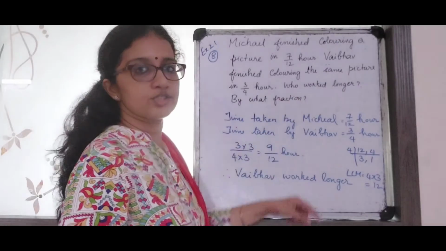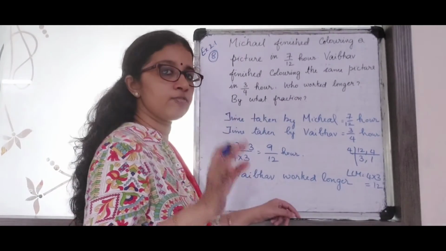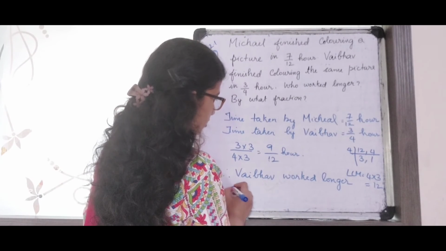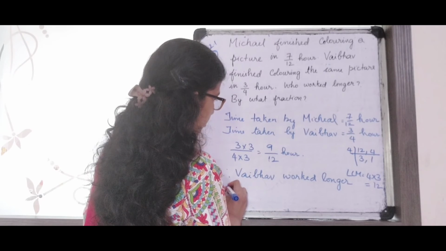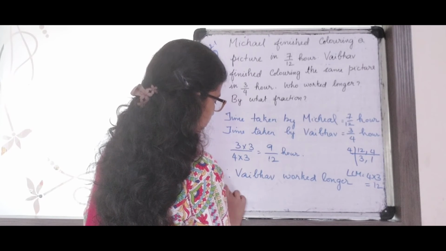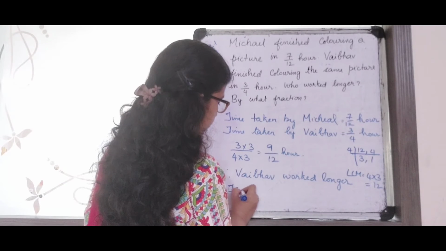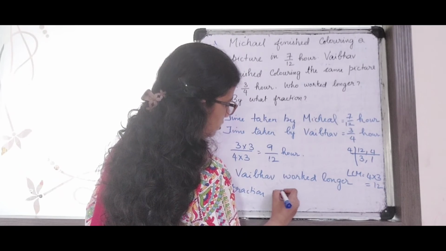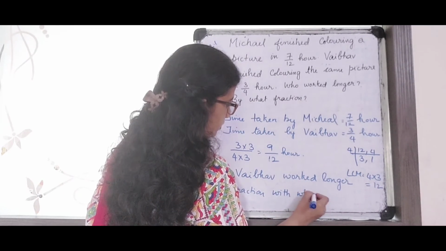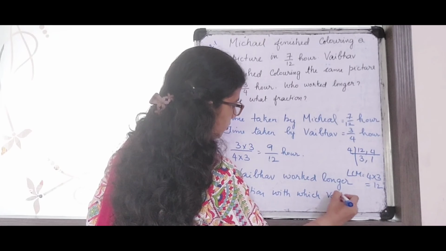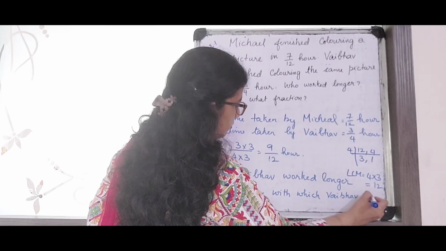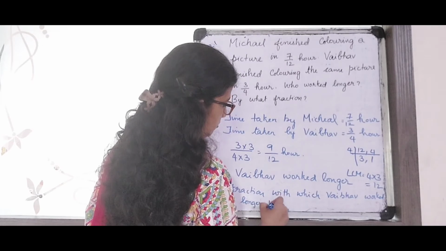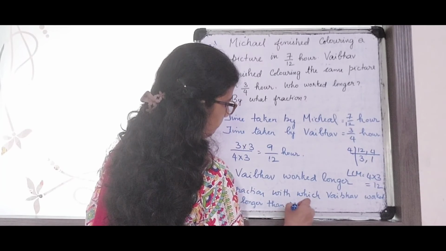Okay. By what fraction? How to find this? Just like the previous problem. By what fraction, that is the fraction with which Vaibhav worked longer than Michael.